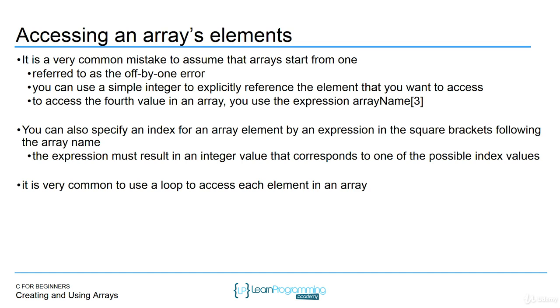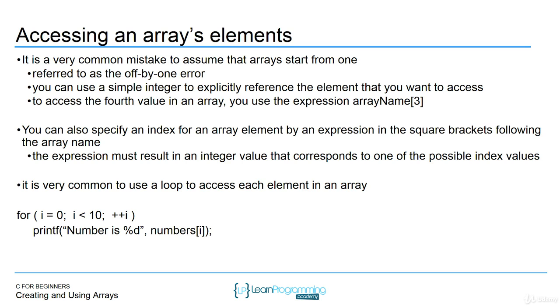It's very common, when you're storing elements in an array, to use a loop to access them. We're going to go through an example of that as well. For example, here we have a for loop, and we're initializing our loop control variable I to 0, and we're exiting once I is less than 10.